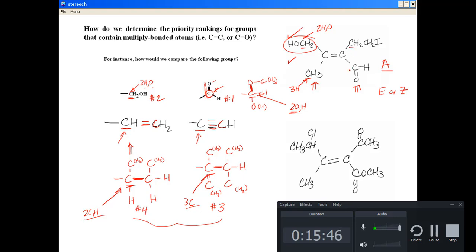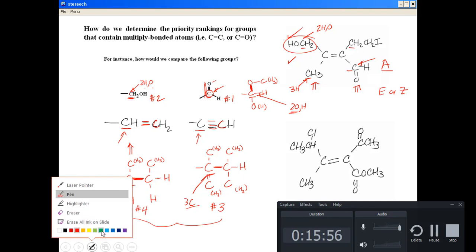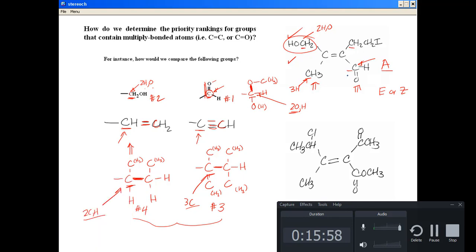Carbon versus carbon, tie. What's attached to this carbon right here? Well, let me change pen color for a moment. And what's this carbon going to look like as an equivalent structure? So I'm going to write it out like that. The carbon-oxygen double bond gets 1, 2 carbon-oxygen single bonds.